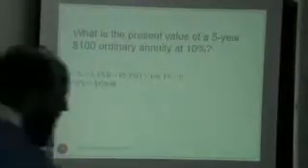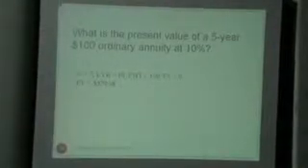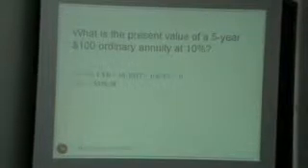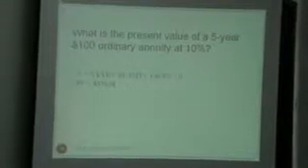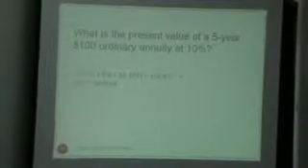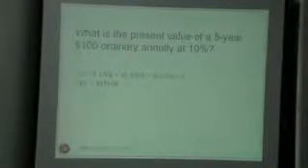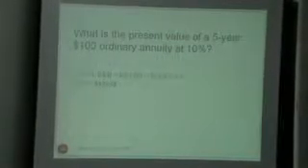Okay, now if we want to find out the present value of an ordinary annuity, and it's a 5-year annuity, we are getting $100 at the end of each year. So if you draw the timeline for this, this is an ordinary annuity.